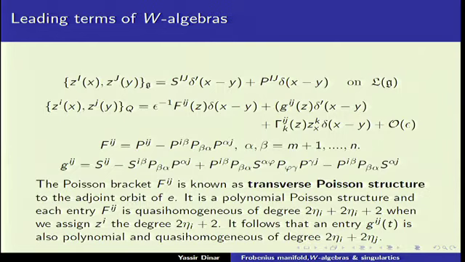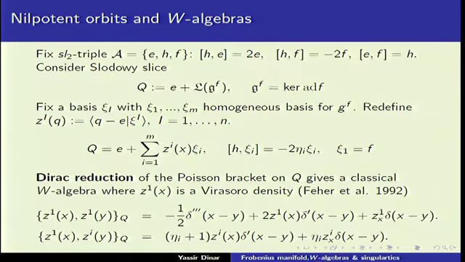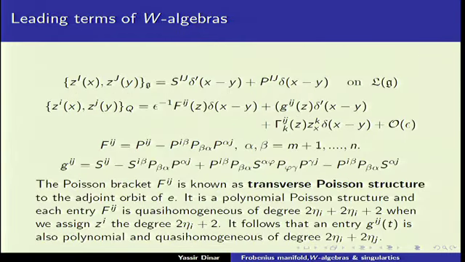Okay, so we look into these local Poisson brackets in a different way by this truncation. What we find is that the first one here in this picture is the Lie-Poisson bracket, and the other one here is the reduction of the Lie-Poisson bracket on the Slodowy slice. The leading term here, you can see, is the Dirac formula for the reduction of Poisson brackets, the finite dimensional Poisson brackets.